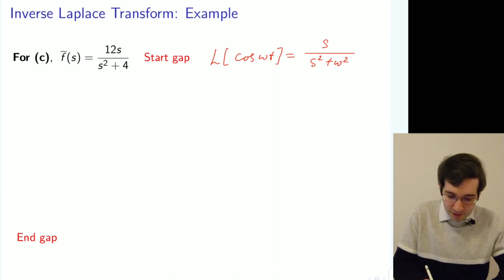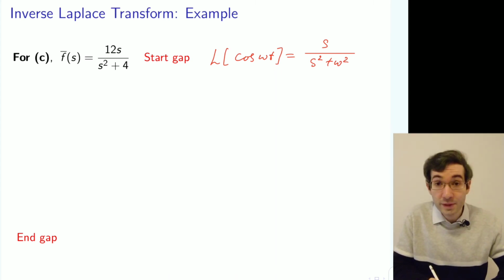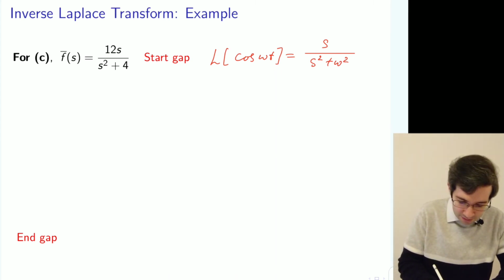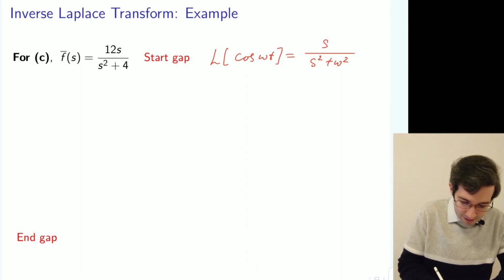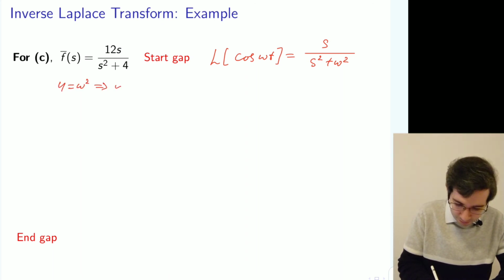So the question is, can we guess what omega is here? And the answer is that omega is, I guess you already guessed it, 2. So 4 is omega squared, therefore omega is 2.